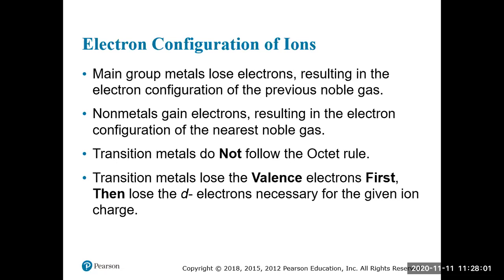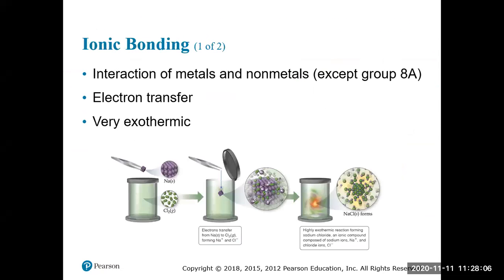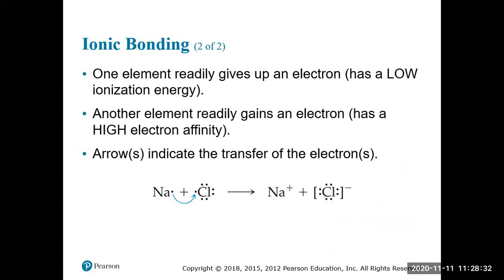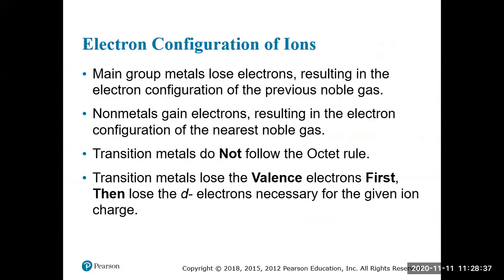Now, if you go back to our table here, I'm just going to scroll back for a second. We started talking about this. Something you should note is we didn't really mention the transition metals. That's the B series of groups, the dip down when we look at the overall periodic table. We were focusing on just the 1A groups, 2A, the other A groups, and the reason for that is the transition metals do not follow the octet rule.